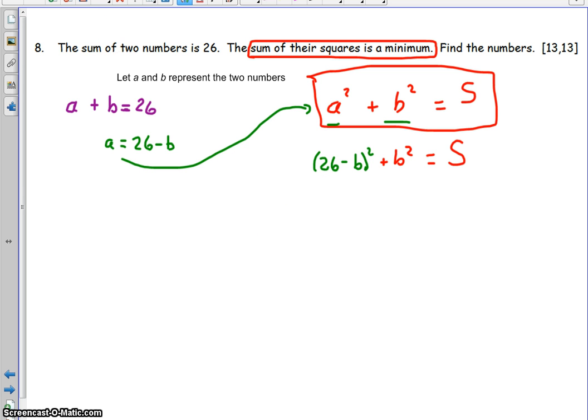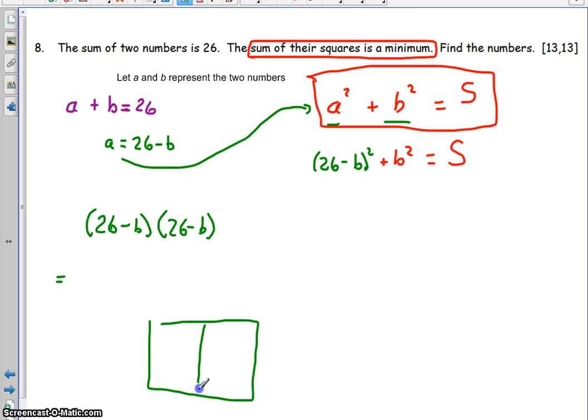So when I expand everything out, remember 26 minus B all squared is going to be 26 minus B times 26 minus B. Okay, so I'm going to expand that out using an array, using the distributive property. By now I'm sure you should be a pro at using an array to expand and simplify. It's a big skill going forward after grade 10. So remember, every cell in the array gets filled in with multiplication.